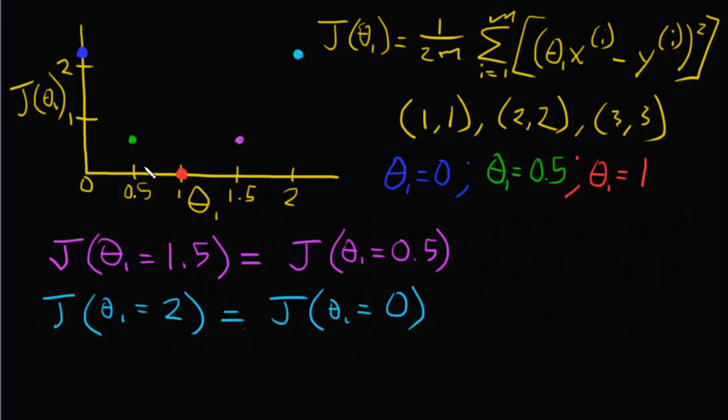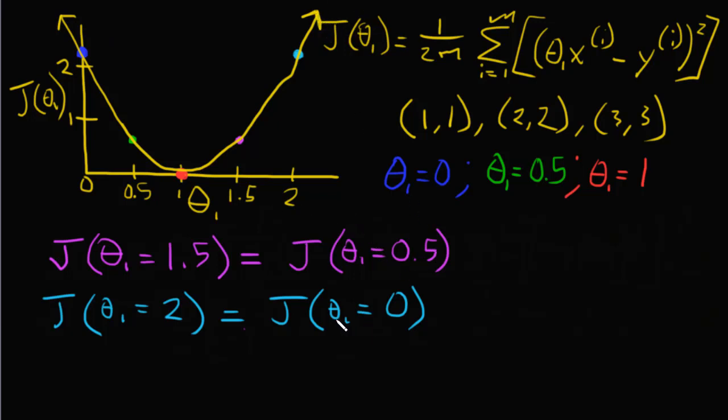Now I'm going to connect them all with a nice smooth curve, or I will attempt to do so. If I connect all these dots with a smooth curve, I get something that looks like that. And that is a parabola.